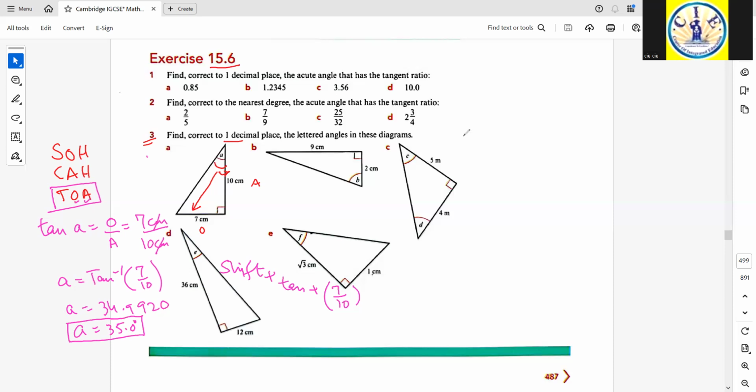Okay, now it's part B. Again, it is the same pair of the sides, the opposite side and the adjacent side. So again, we would be using tangent in this. So angle B is going to be tangent inverse of 9 divided by 2. That is 4.5.